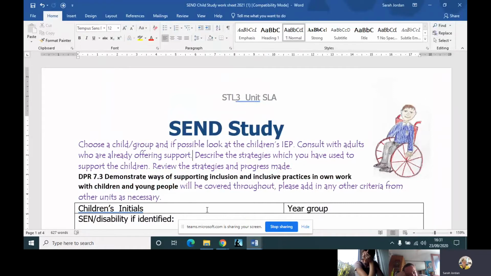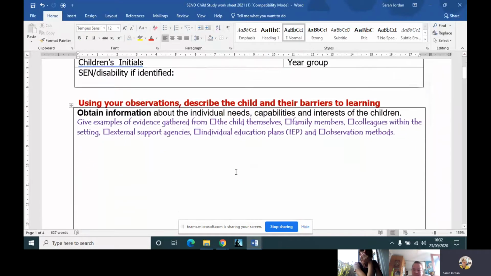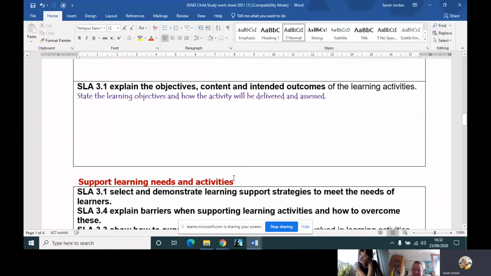So rather than working with a SEND child one-to-one and making it into a big study, we're just saying, if you work with a group of children, which I'm guessing most people will have done already and will be doing now in September, who have any sort of special needs, they could be the blue group who struggle with reading or writing, or maybe there is a child with a named special need, then you could use this study not as a long-term thing, but if you just work with a group of children one week and you work with them again next week, you could see how many of these criteria you can fill in by just talking about one or two activities.